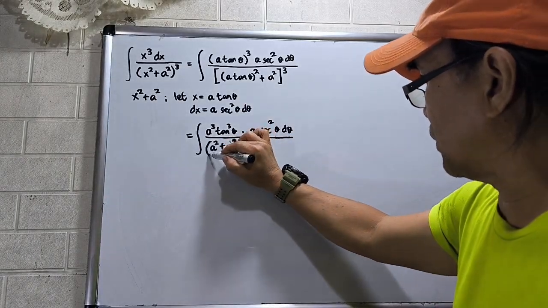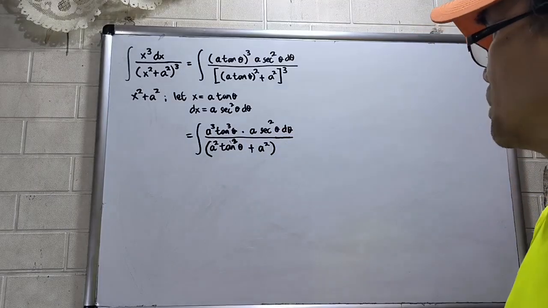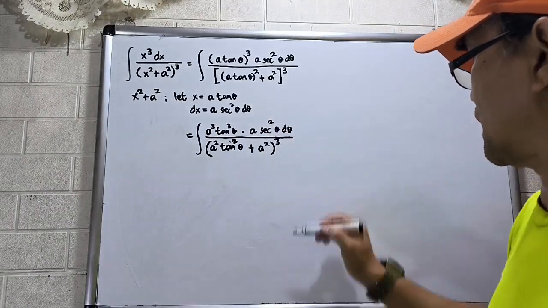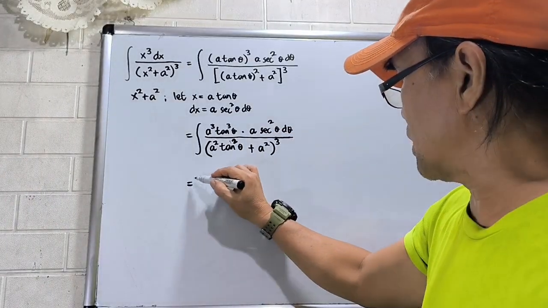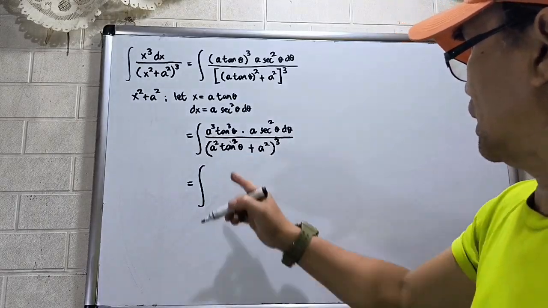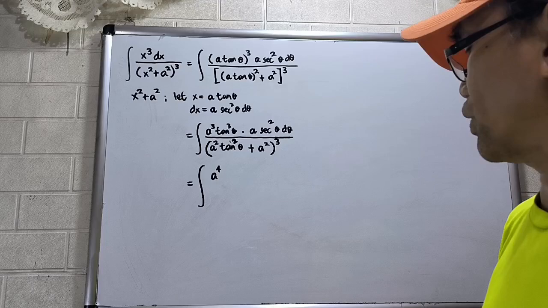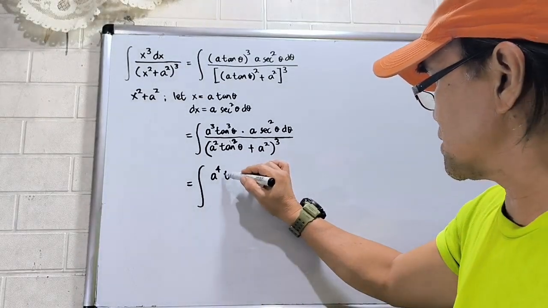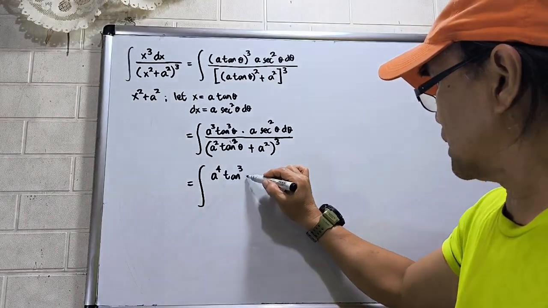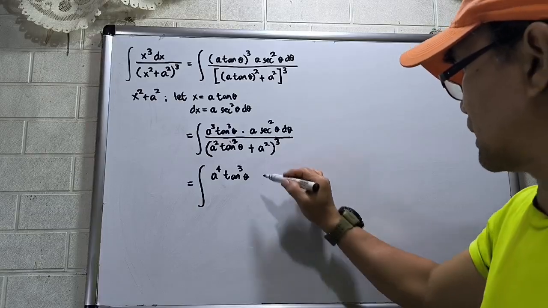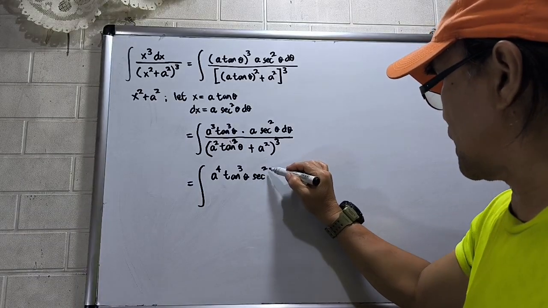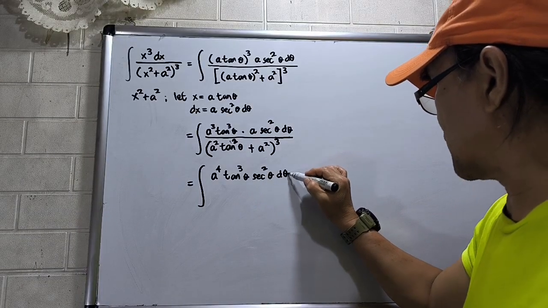Then I will write in circle brackets and then raised to the power of 3. So this will be the integral of a cubed times a, that will be a to the 4th power. Then I have now tangent cube theta, times secant squared theta d theta.